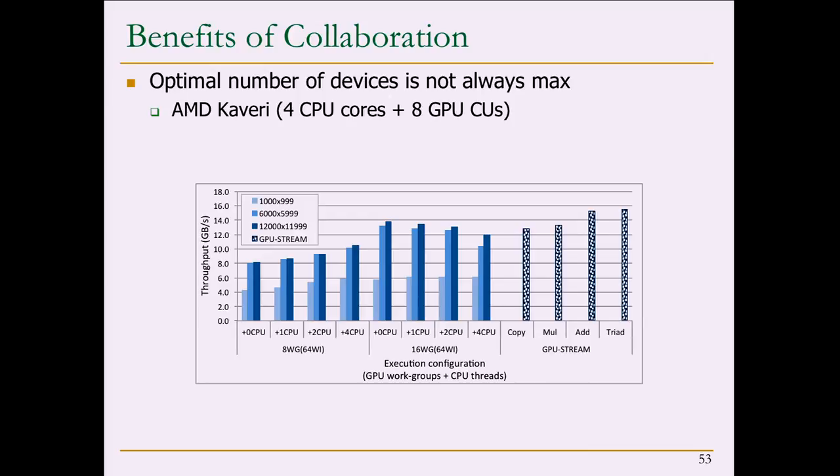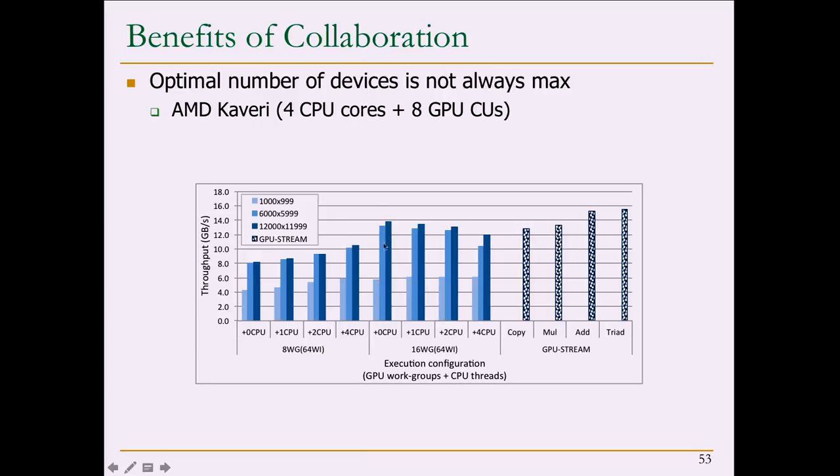Depending on the configuration, here you see workgroups and GPU workgroups, which is the equivalent concept in OpenCL for the NVIDIA CUDA thread blocks. So depending on the execution configuration that we choose, we might not obtain any improvement from using the collaborative approach. So you see, this is the throughput, the performance, so higher is better.